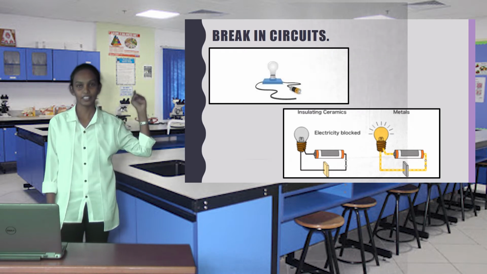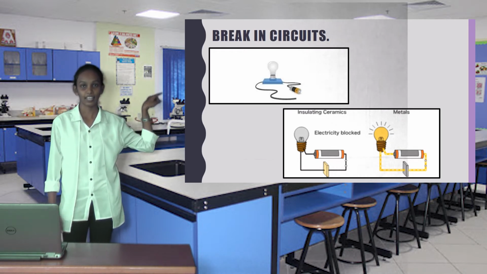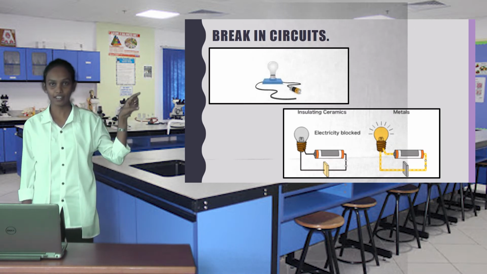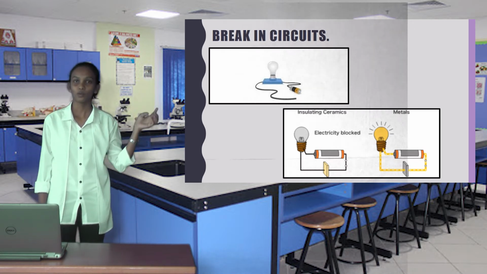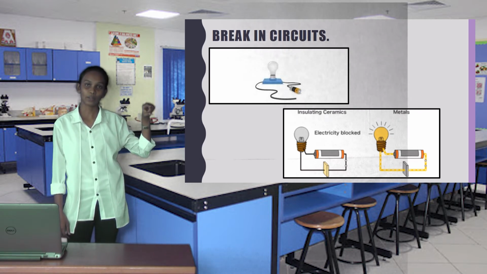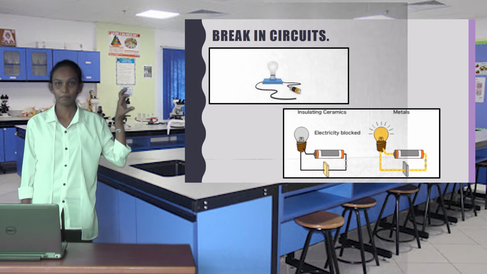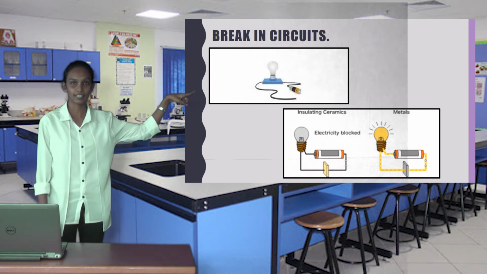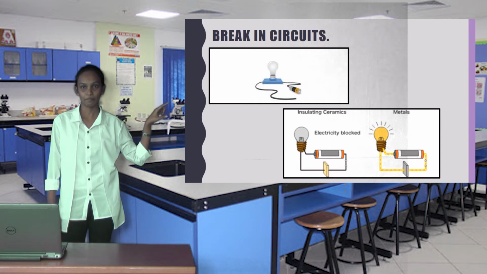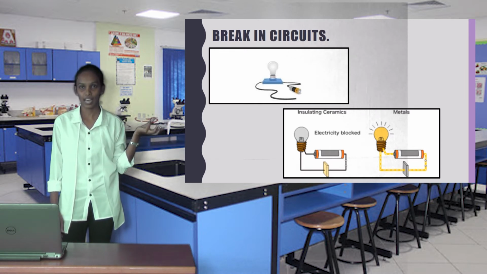Breaking circuits. You can see there is a picture of a broken circuit. In between this circuit, we can keep a metal or a non-metal. Let's see what will happen when we connect a metal in between and what will happen when we keep a non-metal in between. When we connect a metal in between, you can see in the second picture they have connected the metal. When you connect the metal, the electricity flows through it and the bulb will light up.